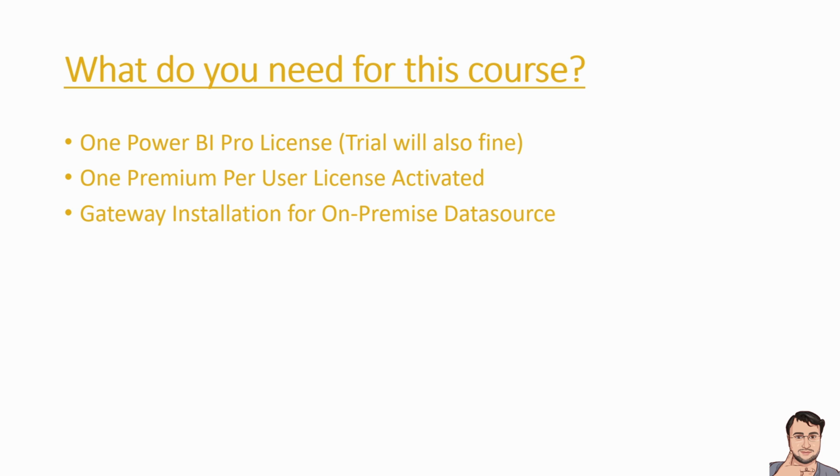So if you want to practice, you need to activate Premium per user trial in your tenant. There is also one more option: you can create your own developer account, which will give you a 60-day trial for Pro license and a 60-day trial for Premium per user license, and you can try different things there.